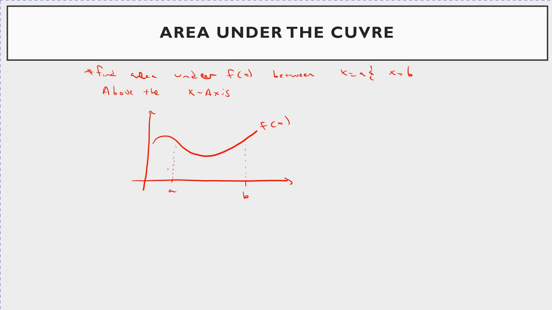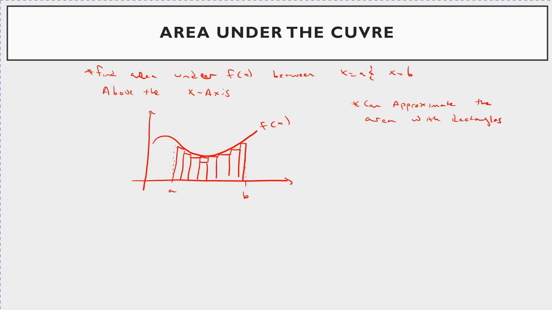So one way to find this area is you can approximate the area with rectangles. All right, and what you would do is you would take rectangles of equal width. Something like this.